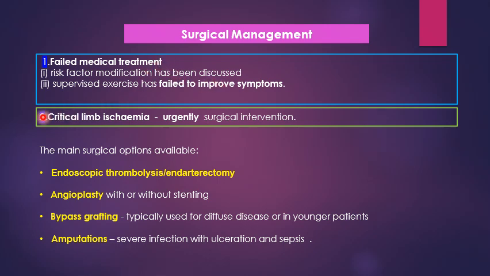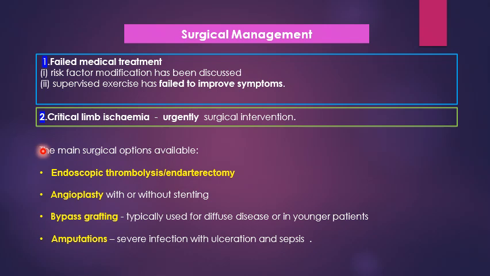Or if the patient's condition worsens and chronic limb ischemia develops into critical limb ischemia, then you need surgical intervention urgently. So these are the two main indications. By far the most common is failed medical treatment.